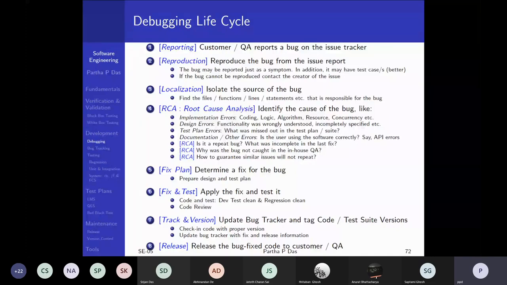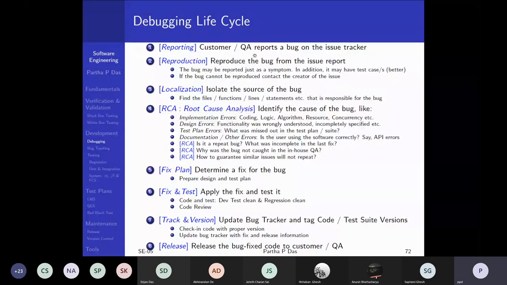Issue is a little bit more general. It could mean a bug, but it could also mean that I desire to have a new feature. If I desire a new feature which was not there in the specification, I cannot call it a bug of the system, but it's an issue. But people in the software industry use these two terms interchangeably.